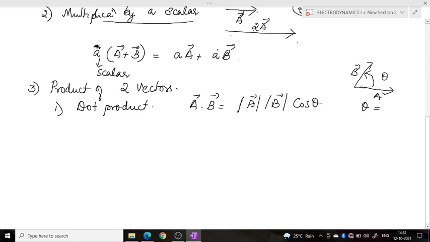This is a number, so the dot product is also called a scalar product.